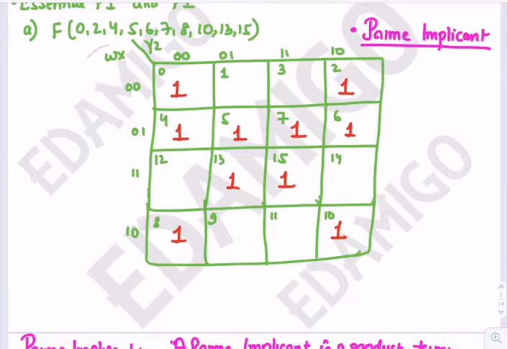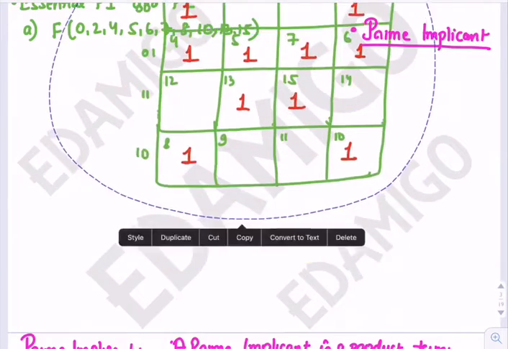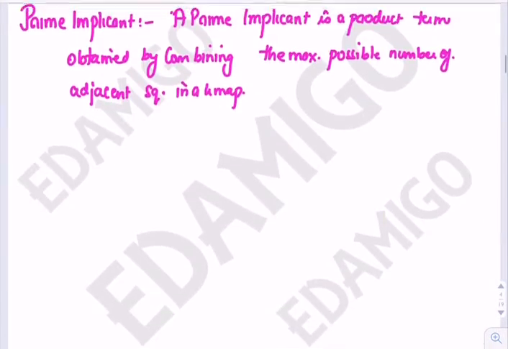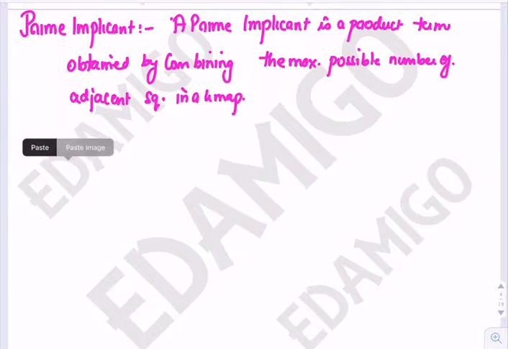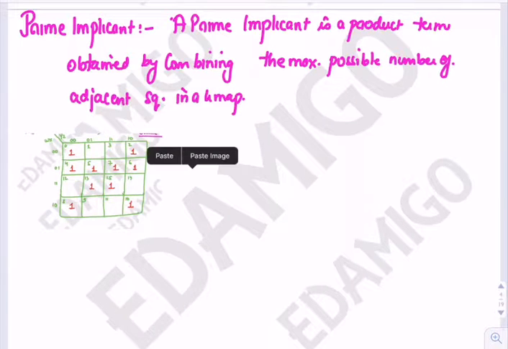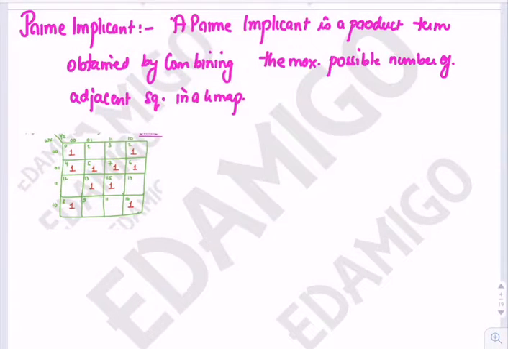So let me copy this K-map, then I will be able to explain the prime implicant much better. So this is the K-map. These are the ones. I will be marking the squares which we can get. By combining these ones we can get a term.